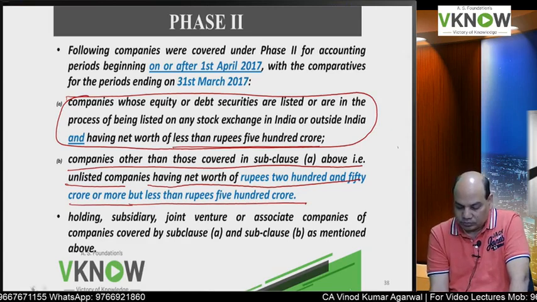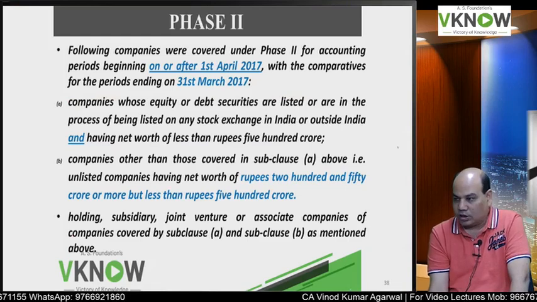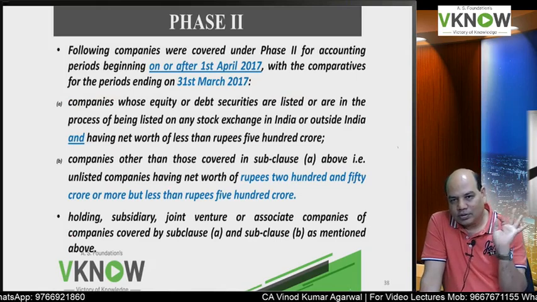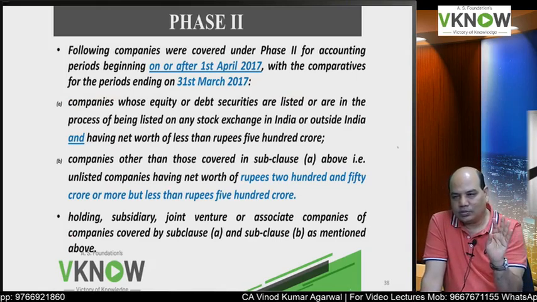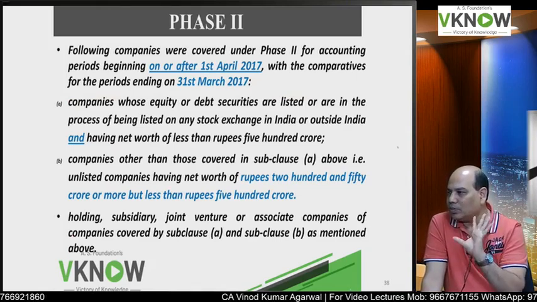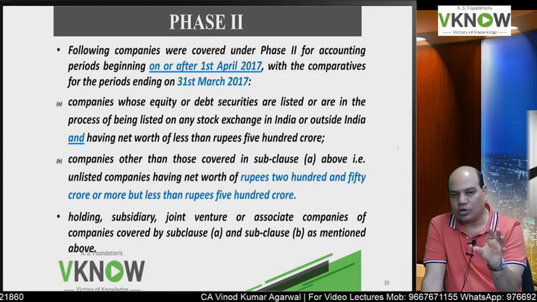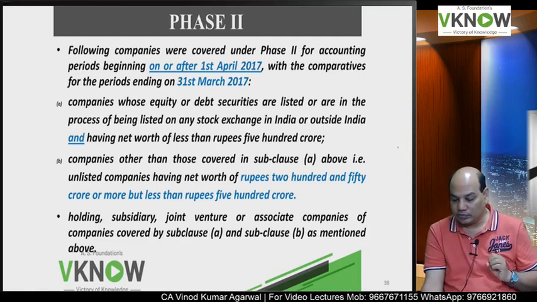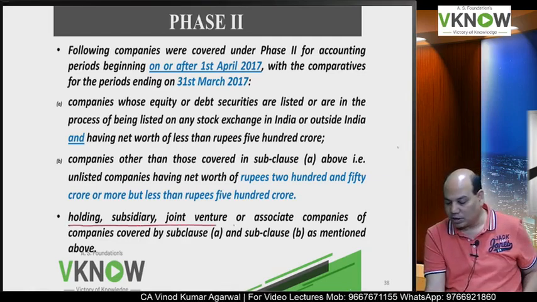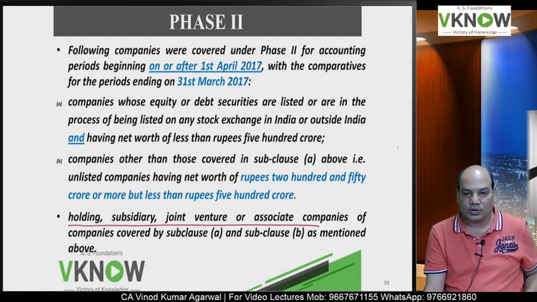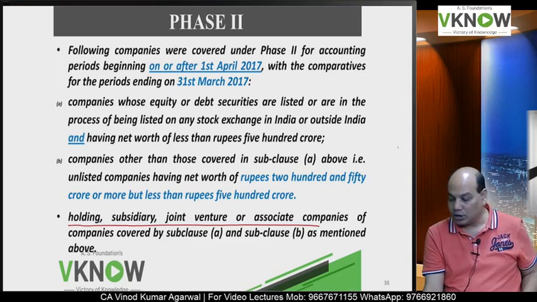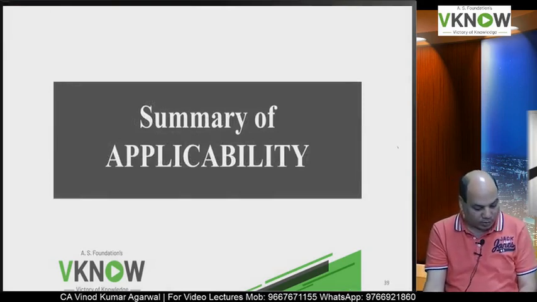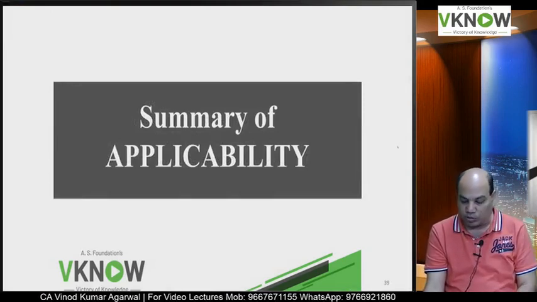So now in the current situation you have to just remember like this: listed company and net worth more than 250 crore. Any company whose net worth is more than 250 crore, although there are a few exceptions like NBFC, bank, insurance, we will see. Okay. And as I said earlier, those holding subsidiary, associate and joint venture will also have to apply Ind AS. So I have written a summary of applicability in the small box.